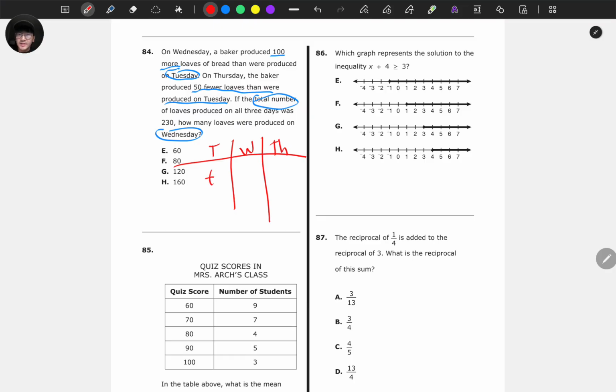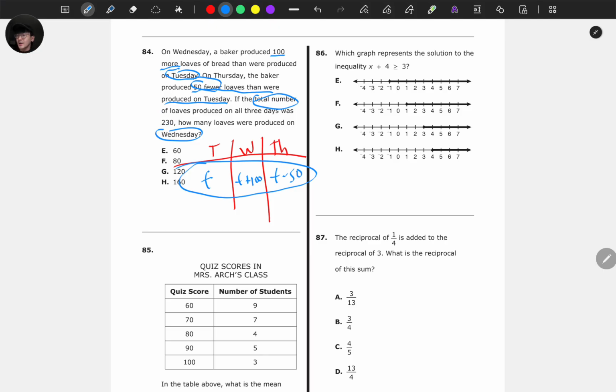Then on Wednesday, it says 100 more than t, so I have to add 100 to this. I'm just going to change this to blue. So this is going to be t plus 100. And then on Thursday, it says 50 fewer, so I have to subtract 50 from Tuesday. So it's going to be t minus 50. And then the total number, so all of these added up, is going to be 230.